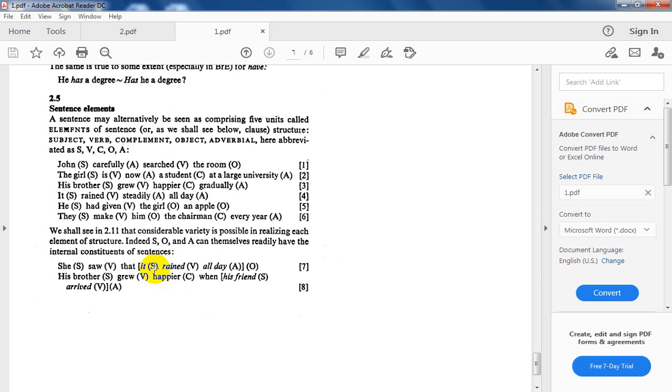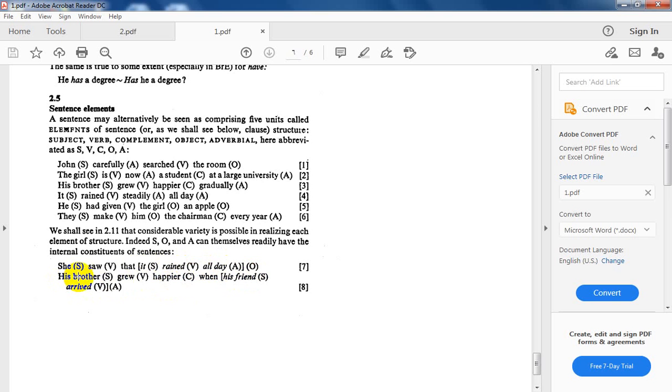Yes, it's a sentence within a sentence, but this sentence depends on this one. So you see between these brackets, it rained all day. The whole sentence here functions as a direct object.